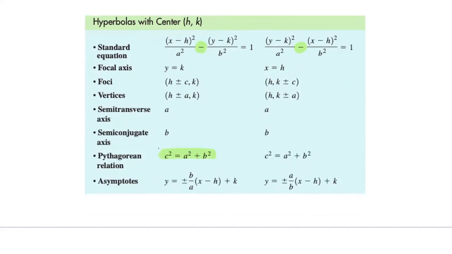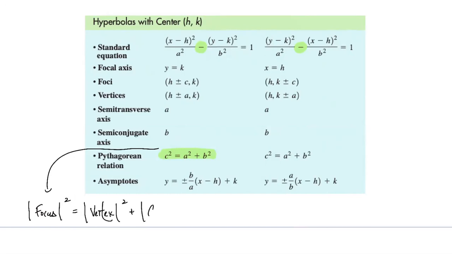And if we were to write this out in words like we did the other one, c still stands for the distance from the focus to the center squared. Okay, so c squared is the distance to the focus squared. a squared is still the distance to the vertex squared, plus the distance to the covertex squared. Okay.